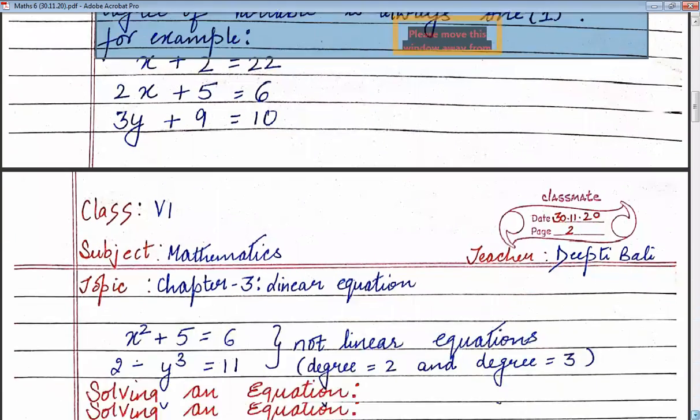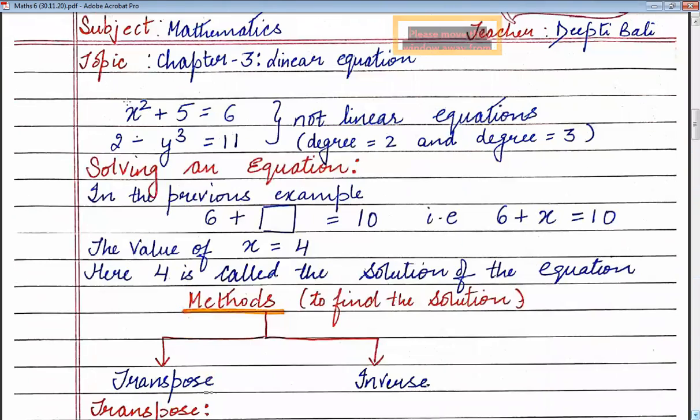Then we have discussed the quadratic equation and cubic. This is a quadratic equation because the degree is 2. And this is your cubic equation because the degree is 3. These two equations you will do in higher classes.